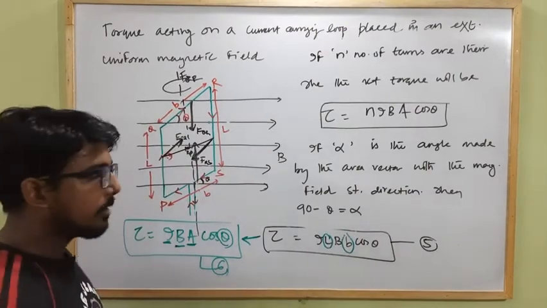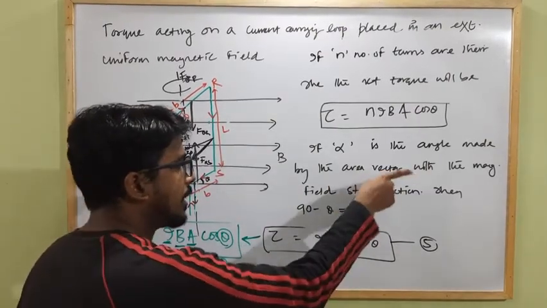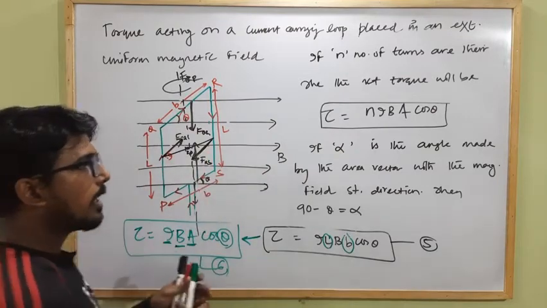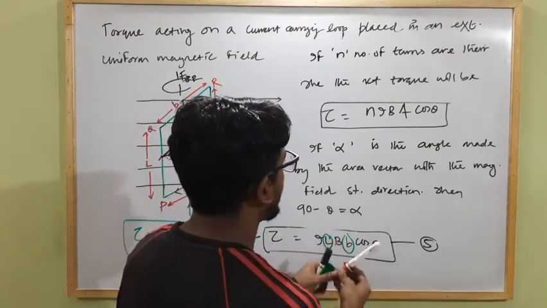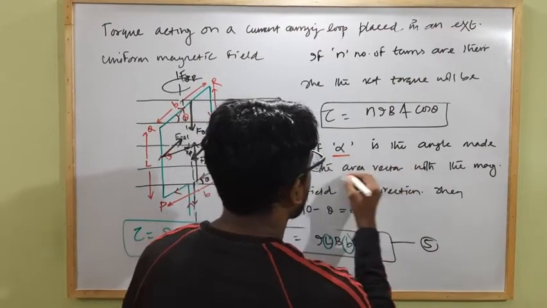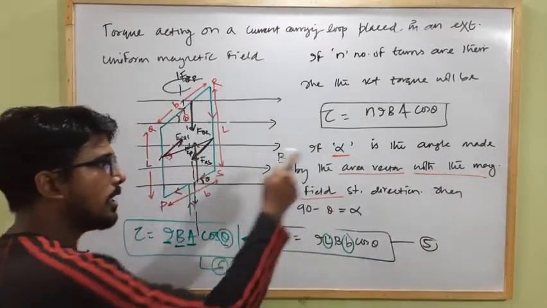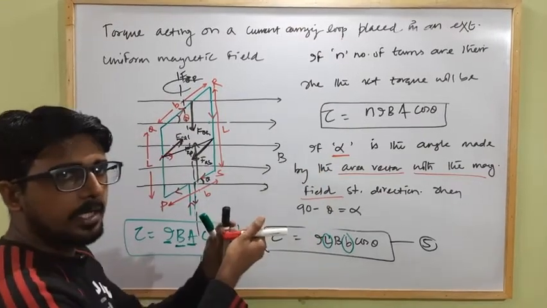Alpha, because theta is the angle made by the magnetic field with the plane of the current carrying loop, and alpha is the angle made by the area vector with the magnetic field, and we already know that the area vector is perpendicular to the plane.